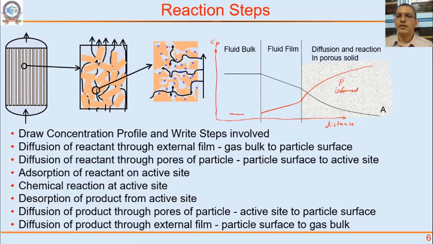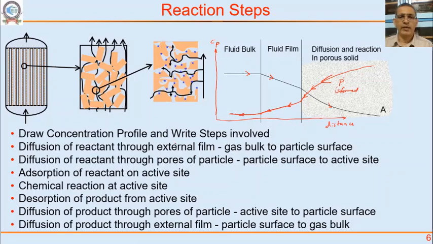So the concentration difference of P between inside and outside is a driving force, because P is formed, therefore P concentration is higher inside the pore, so it diffuses out. So product diffuses out like this, and reactant diffuses in like this.